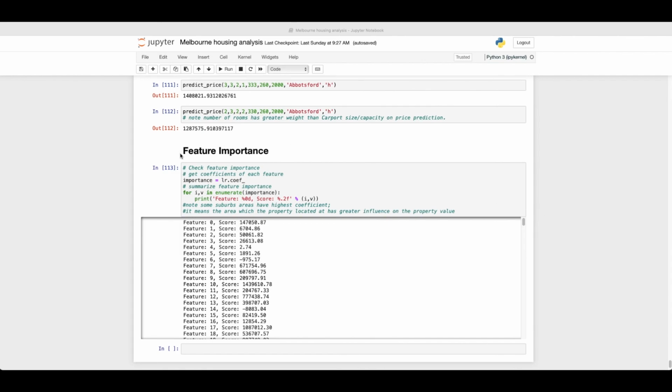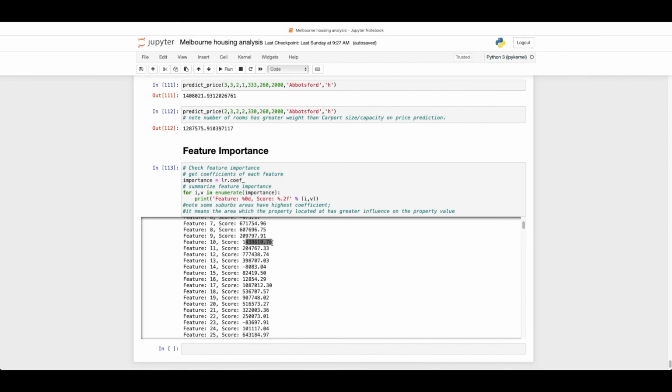I want to check the feature importance. So I created this, I used a for loop, to basically check the coefficient of each variable. And some suburb areas, I think these are all the suburb areas.